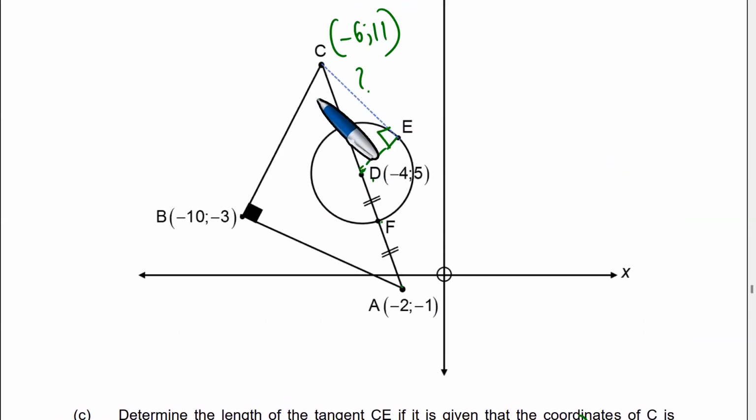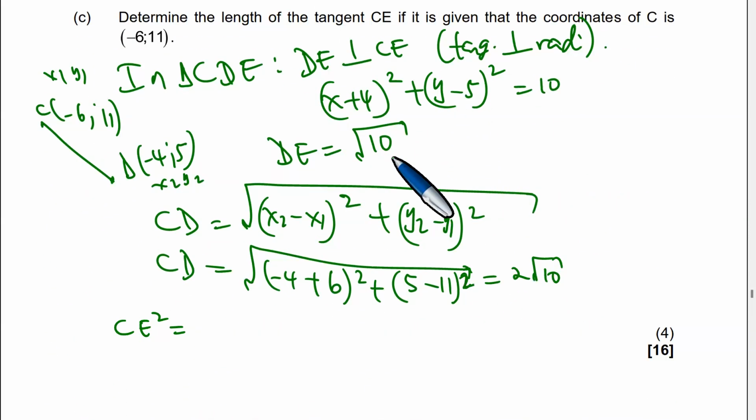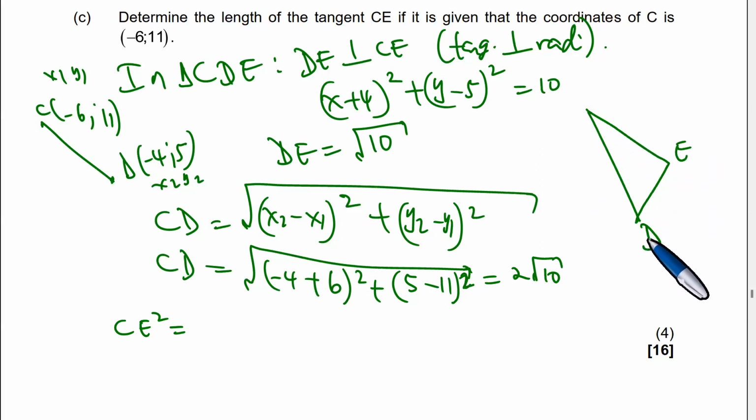CDE like so. Okay, so CD is 2 the square root of 10. DE is the square root of 10. And we just need to find CE squared, and this is 90 degrees.